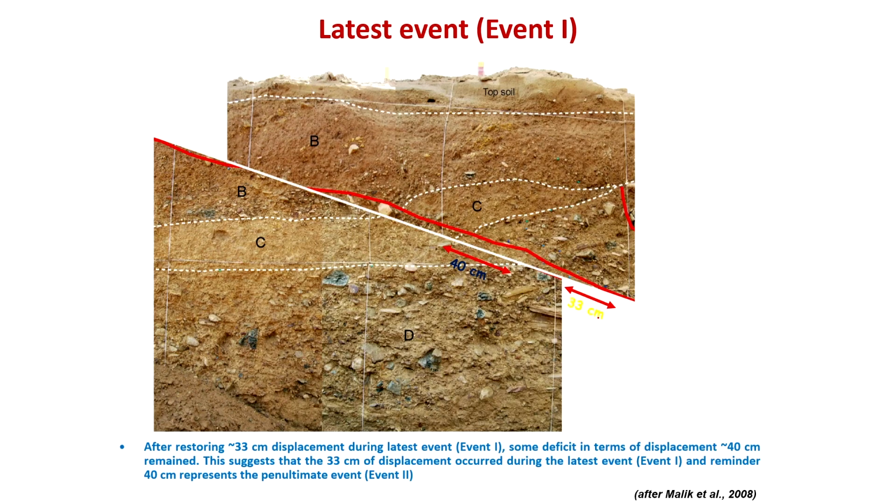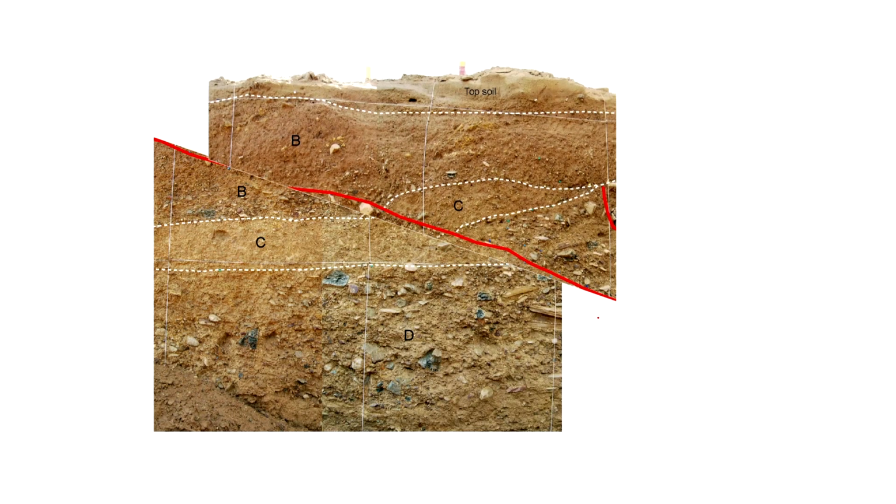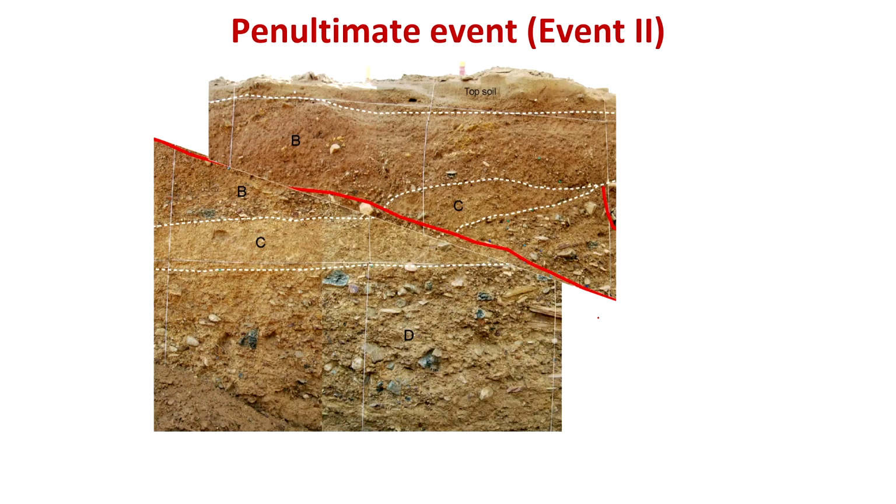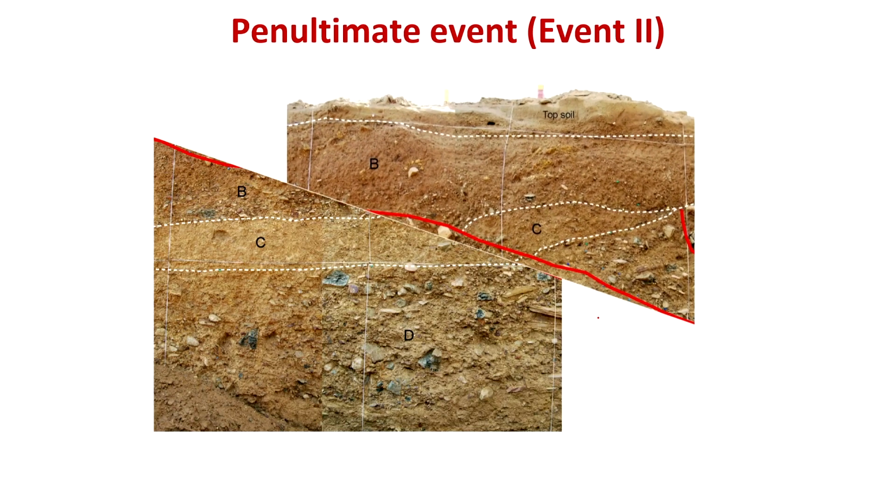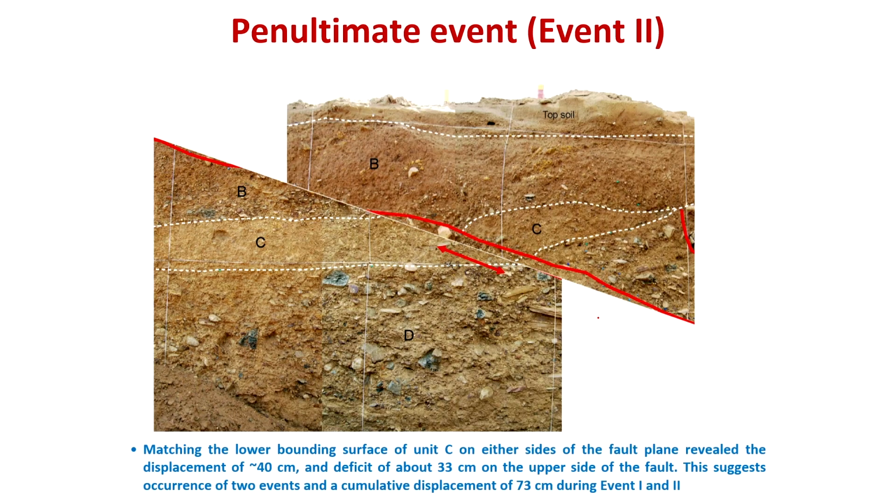So, 40 centimeters is still left out. This 40 centimeters, the next event, we removed and matched with the upper bounding surface of D. That gave us the total displacement. This is 40 and this is 33, and this total becomes your cumulative displacement during two events, that is your 73 centimeters during event 1 and event 2.